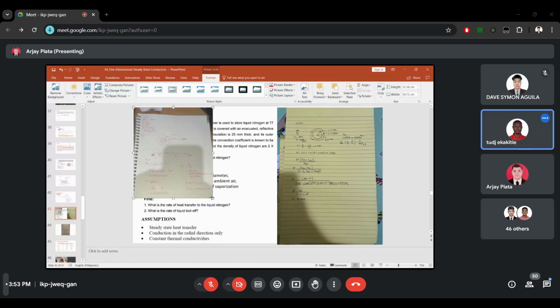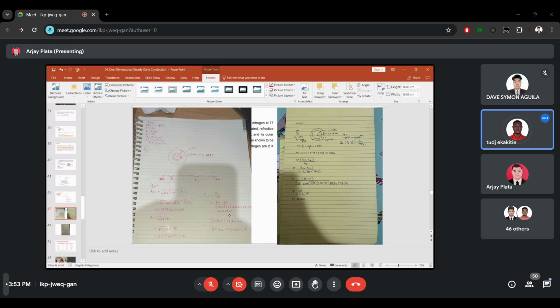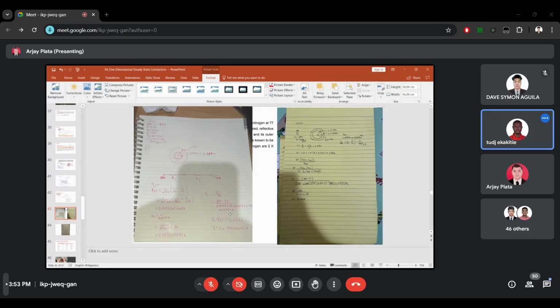First, I tried to solve using the conduction, which is 1 over 4 pi k, multiplied by 1 over r1 minus 1 over r2, which I used T infinity for, 300 Kelvin. And I used 0.5 meters and 0.25 meters because I converted to meters.